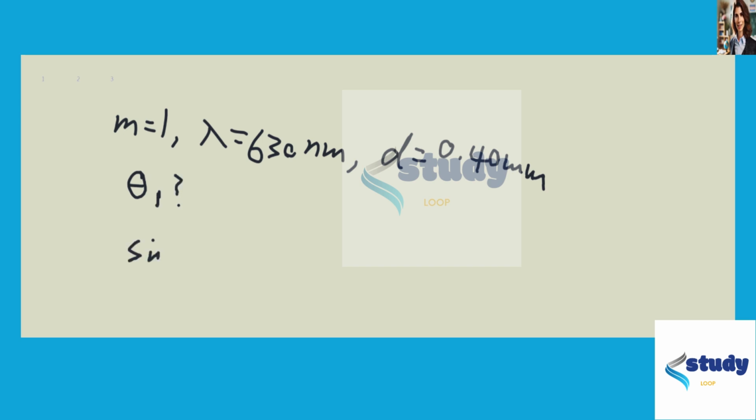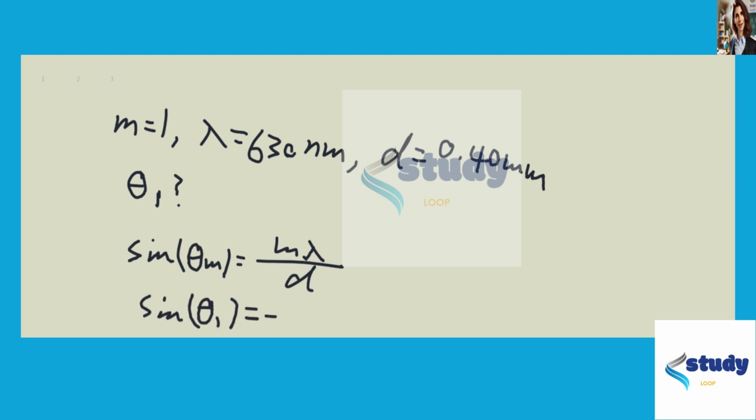We know the formula: sine theta m equals m lambda divided by d. So with m equal to 1, sine theta 1 is equal to 1 times 630 times 10 to the negative 9 meter divided by 0.40 millimeter.